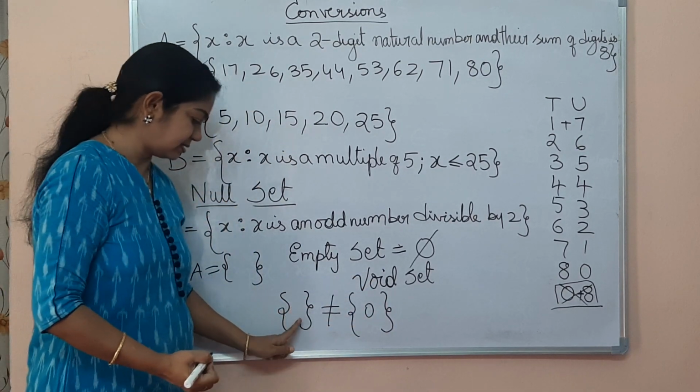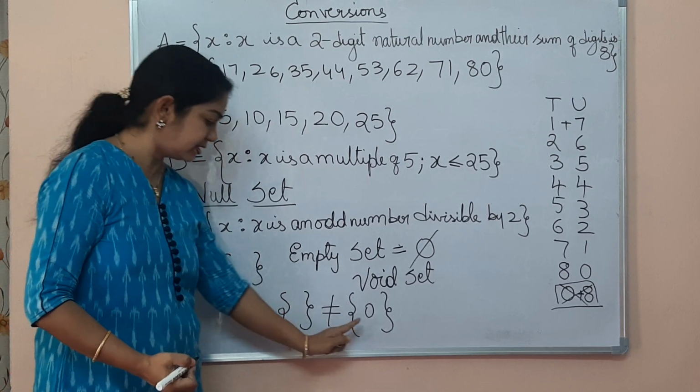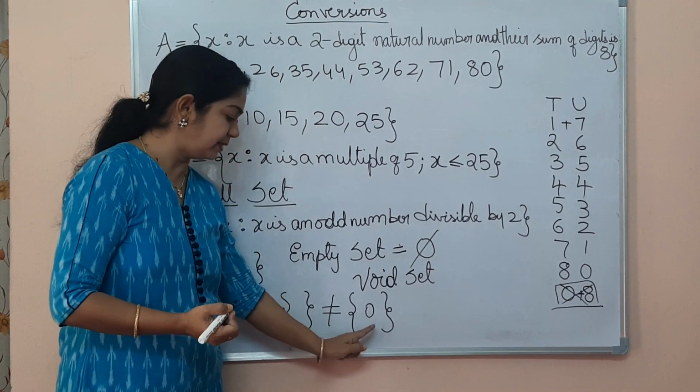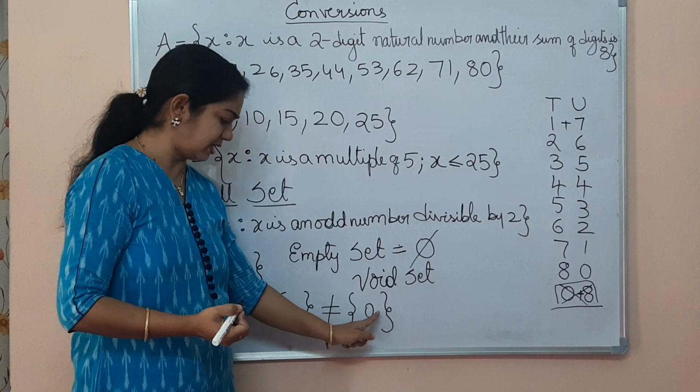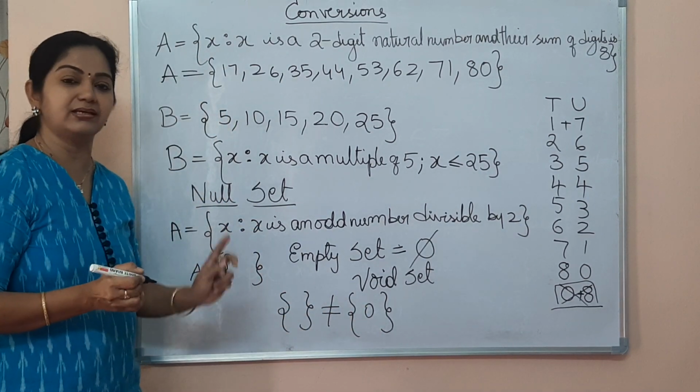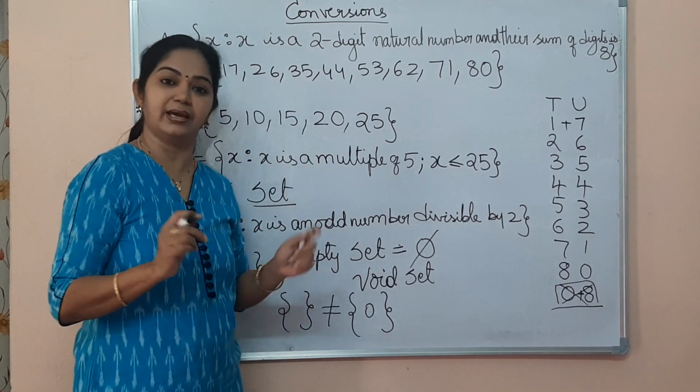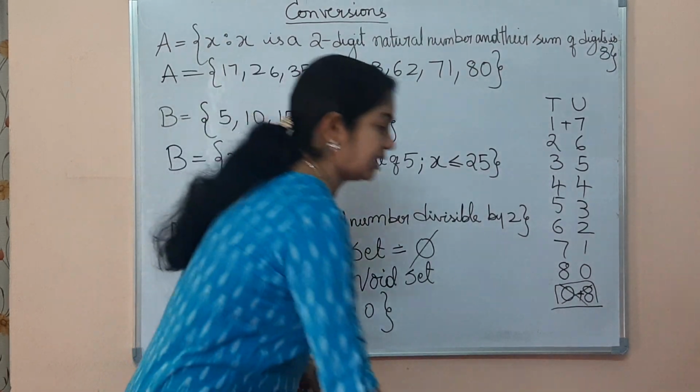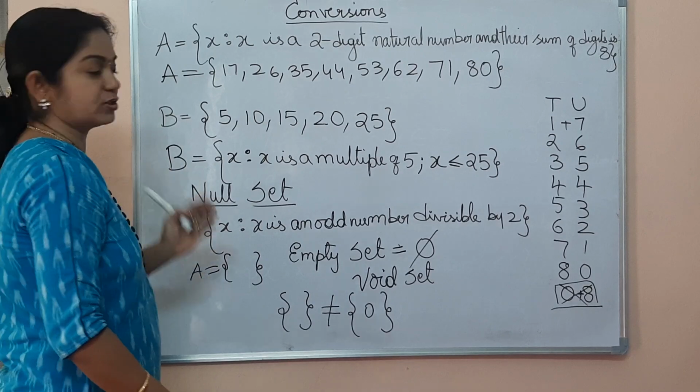In this null set we don't have any elements. Here in this set we have an element 0. So this is a set containing the element 0. Those are not equal. Null set means simply there are no elements in it. Now let's proceed to the other. Quickly copy down, pause the video and copy down.